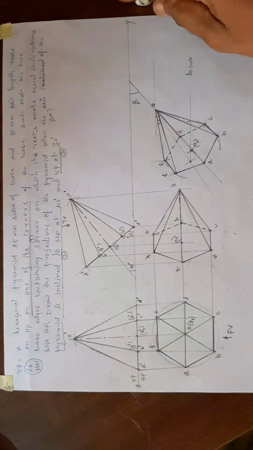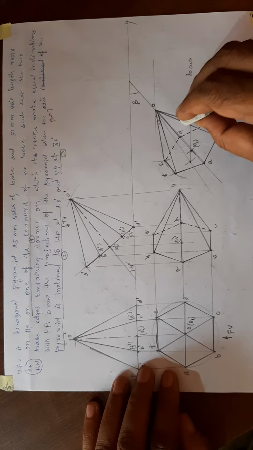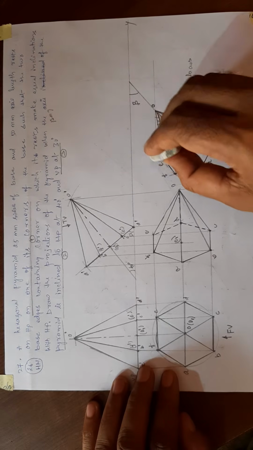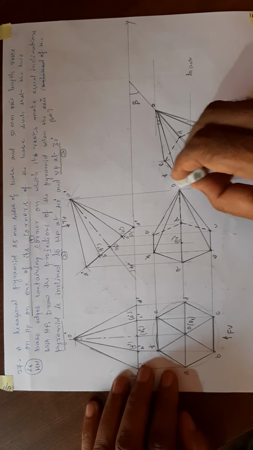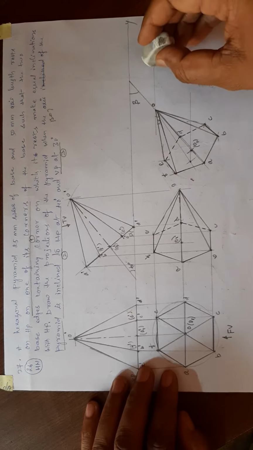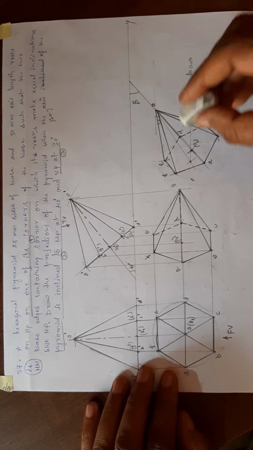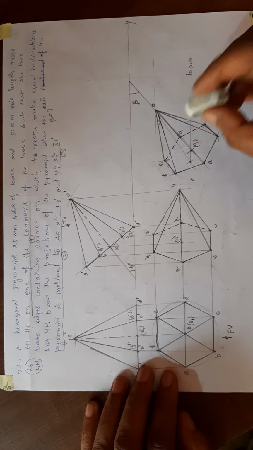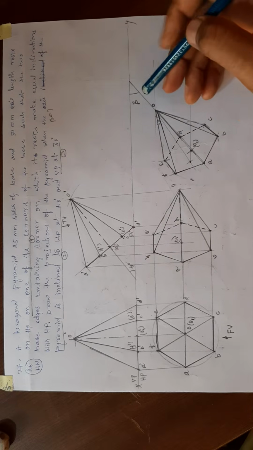Then erase construction curves and construction lines. Okay, erase construction lines. Like this. So this is axis inclined to beta angle.